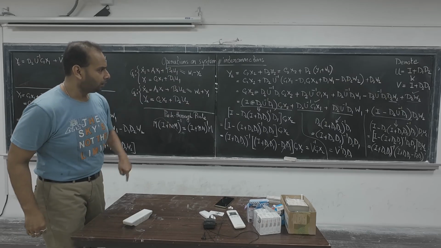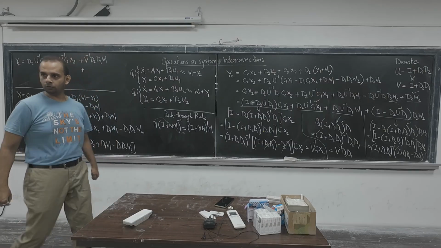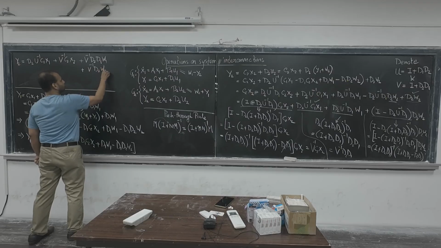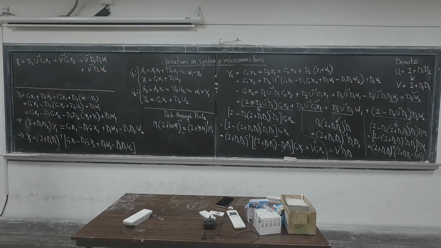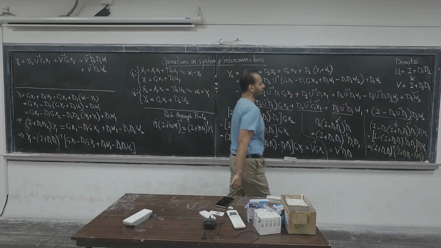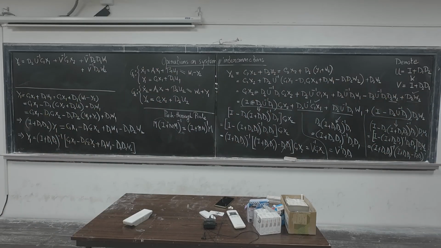That is going to be my V inverse D2 W2. All of you, please check the whole derivation, whatever we have done so far. Everyone should agree. Then we will proceed to the next stuff.